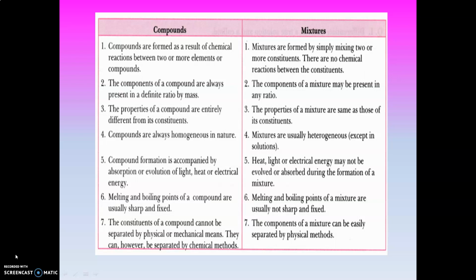It can never be heterogeneous, compounds. But when we talk about mixtures, it can be homo and hetero both. Compounds are mixed in a fixed ratio, like H2O, two atoms of hydrogen and one atom of oxygen. They are fixed ratio. But when you mix milk into water, you don't put a fixed ratio into it, right? So mixtures do not have a fixed ratio.